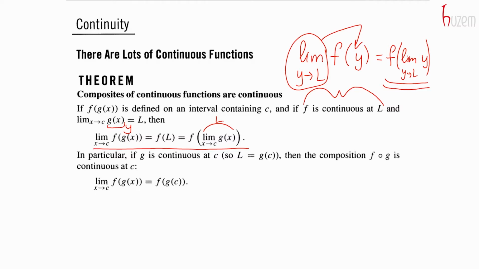And in particular, if g is continuous at c, namely g(c) is also L, then the composition f∘g is also continuous at c because this limit will be f(L) and L is g(c). So, by definition, composition function will be continuous at c.